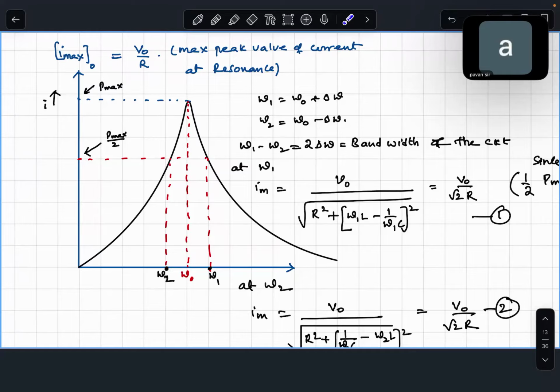So we will take omega 1 as omega naught plus delta omega, omega 2 as omega naught minus delta omega. Now, omega 1 minus omega 2 is 2 delta omega, and this term is called bandwidth. Lesser the bandwidth, sharper the resonance.